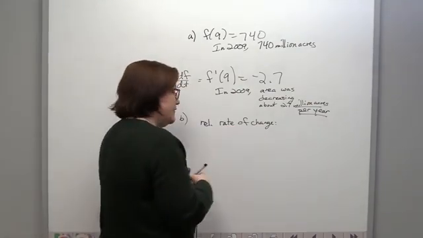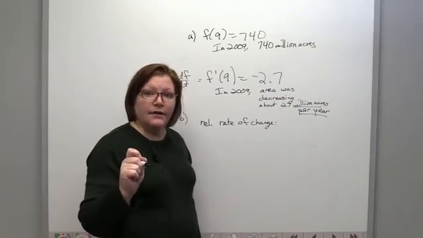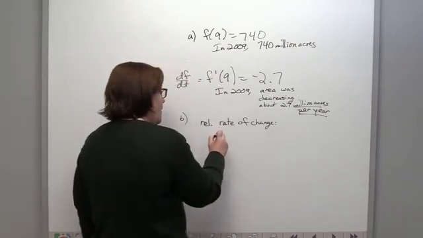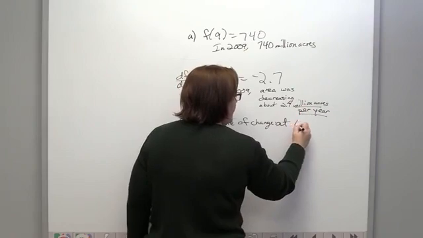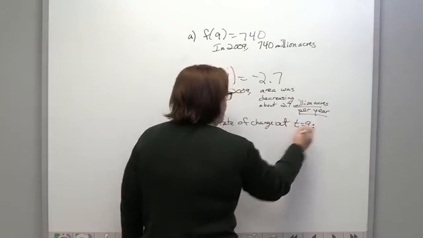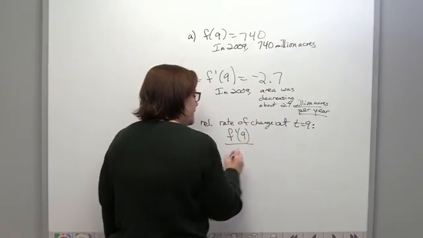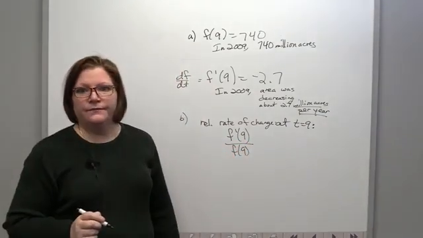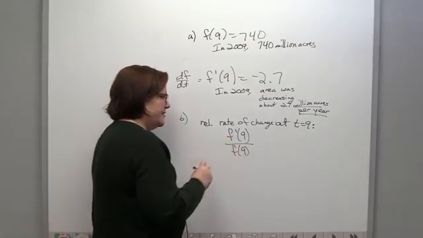But the big difference is that instead of change of y, we're going to use the derivative instead. So for t equals 9, we'd be looking at f prime of 9 divided by the actual value. And this is usually given as a percent.